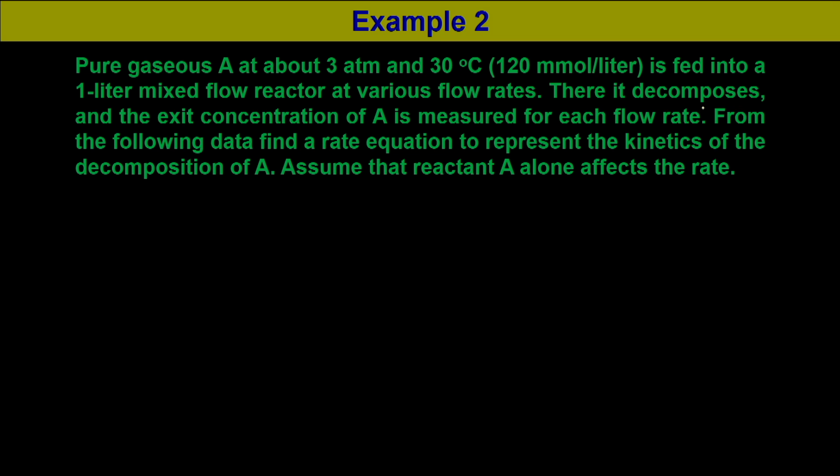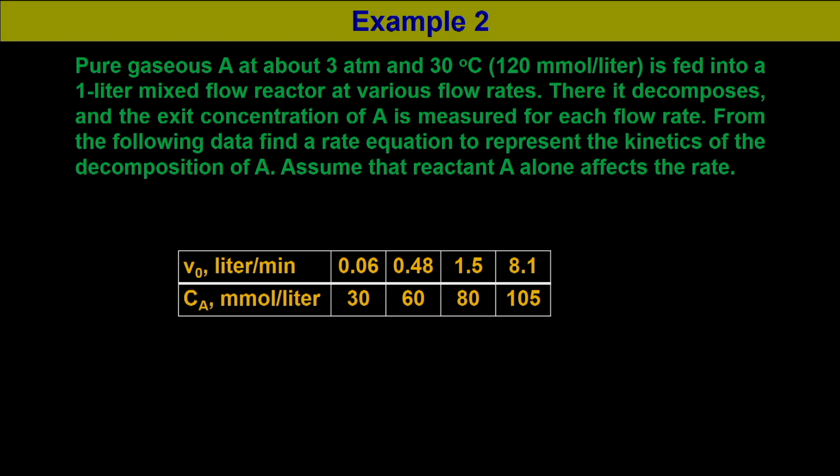There it decomposes and the exit concentration of A is measured for each flow rate. From the following data, which is given over here, the volumetric flow rate and the concentration. So, different volumetric flow rates are given. From the following data, find a rate equation to represent the kinetics of the decomposition of A. Assume that the reactant A alone affects the rate.